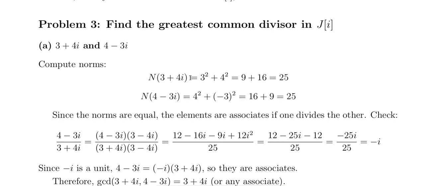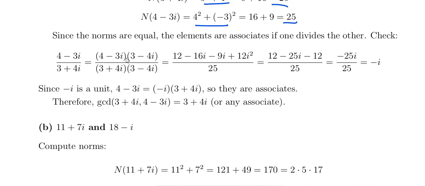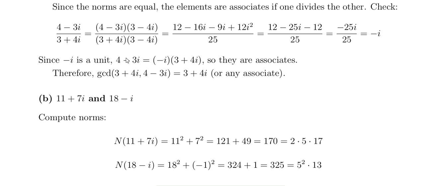The greatest common divisor of 3 plus i and 4 minus i: the norm of this one is 25, and the norm of the other is also 25. So the norms are equal, so the elements are associates, and one divides the other. So 4 minus 3i divided by 3 plus 4i, when you take the conjugate, equals minus i.